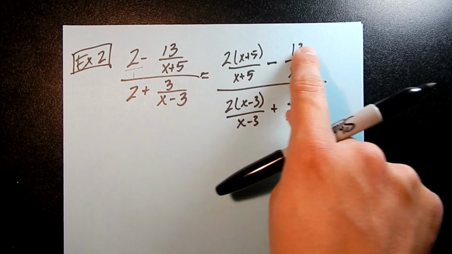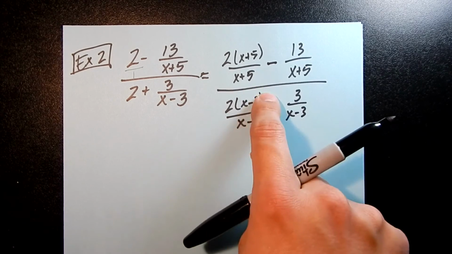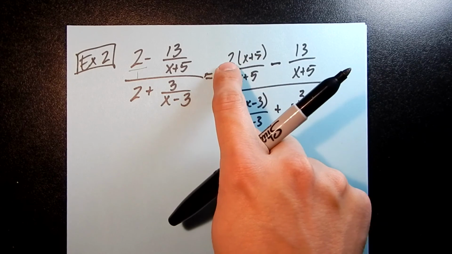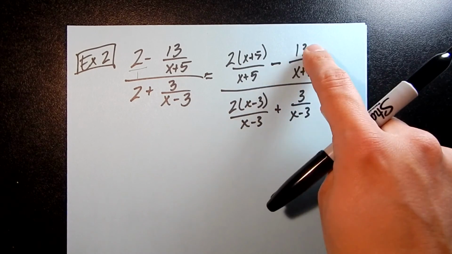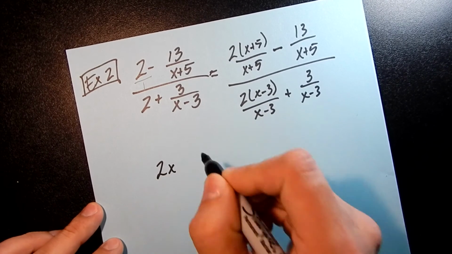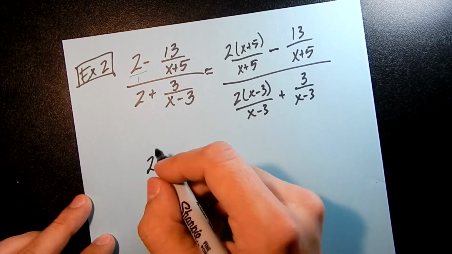We can clean this top part up a little bit. There's some distributive property and some simplifying we can do. So this part is 2x plus 10, and we're going to subtract 13 from that. So we've got 2x. I'm going to do this in 2 steps just so I'm not losing everybody.